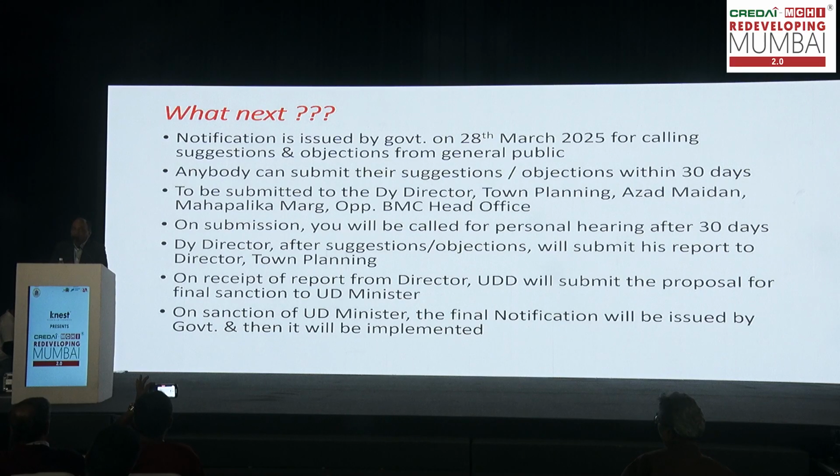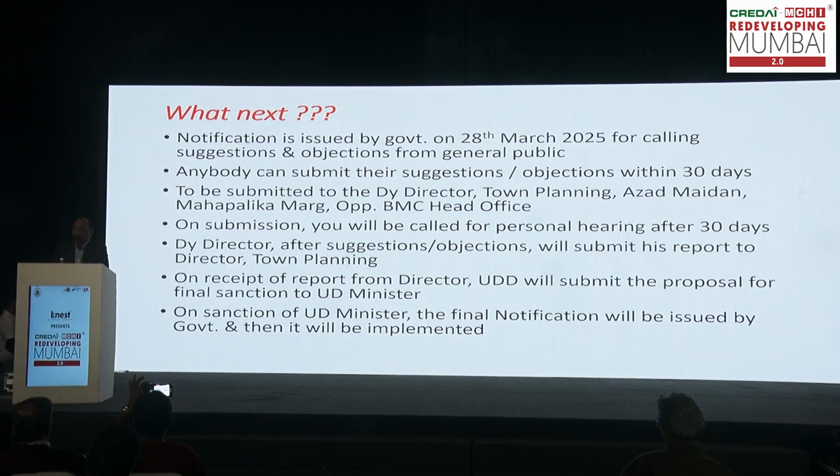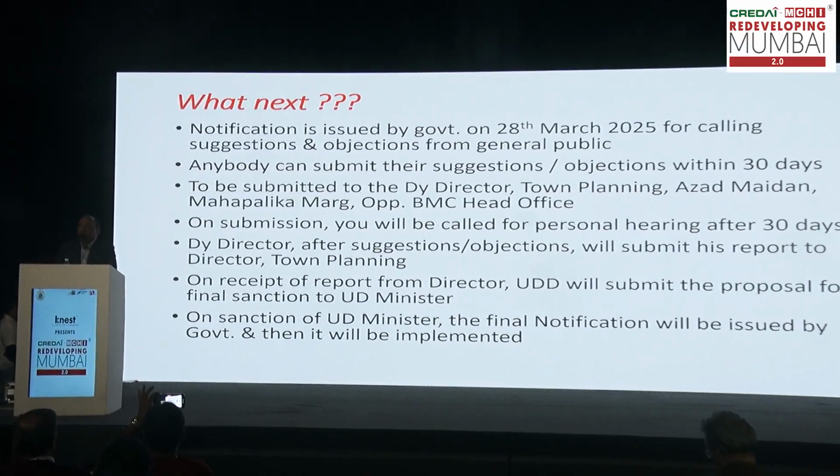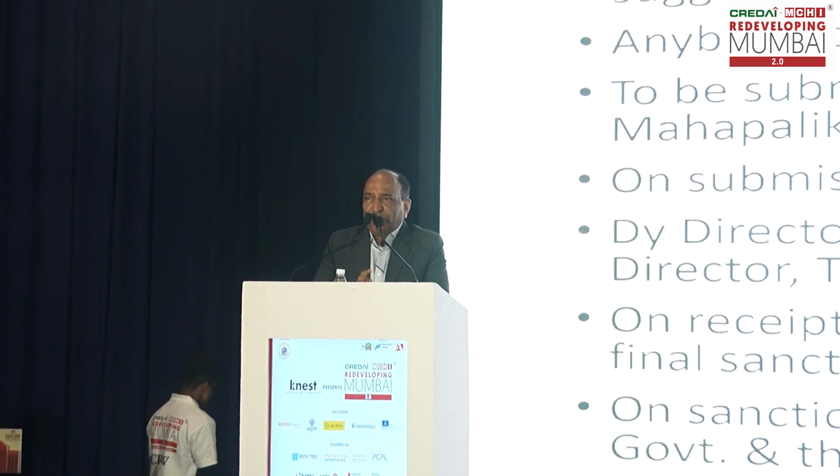Then the Director Town Planning will go through all the suggestions and objections, and he will again submit his report to the government, to the Urban Development Department. The Urban Development Department will go through all these reports, and then they will formulate the final regulation 33(26), and it will be submitted to the UD Minister for final approval.